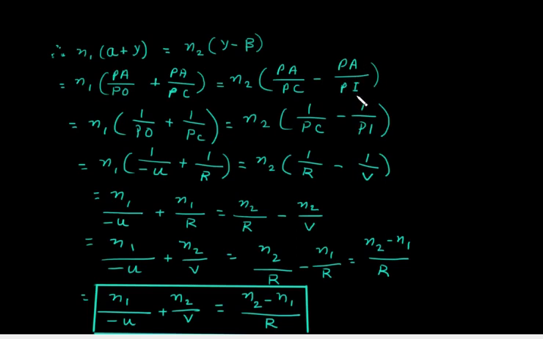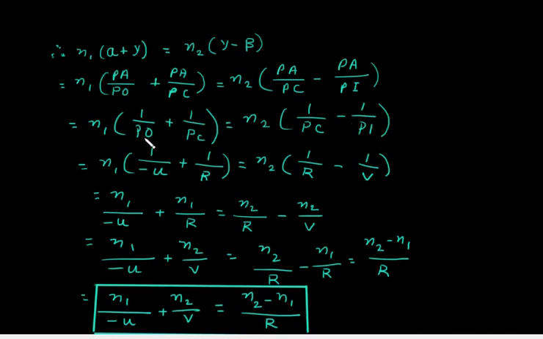So N1 into PA by PO plus PA by PC is equal to N2 into PA by PC minus PA by PI. Now, on both sides of the equation the numerator is the same, so we cancel it. N1 into 1 by PO plus 1 by PC is equal to N2 into 1 by PC minus 1 by PI.